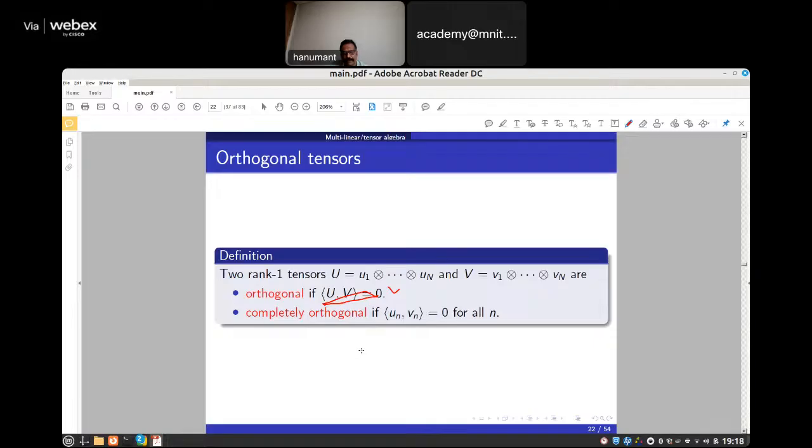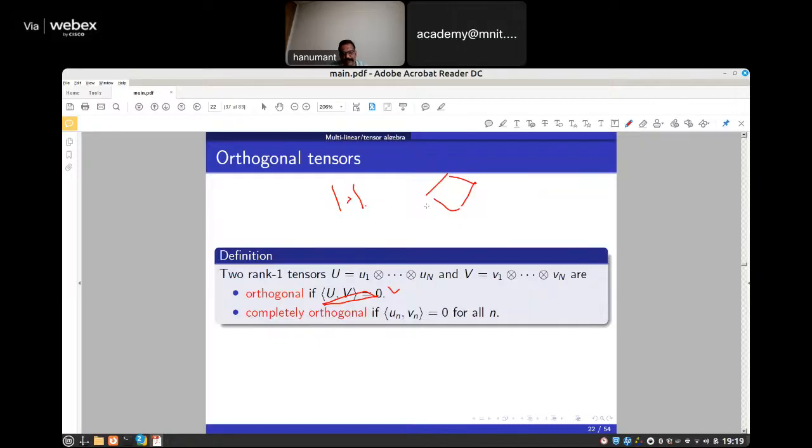But in some special cases, it is not only one vector and another vector getting an inner product. In the tensor case, it is dimension-wise, so there is some issue. Each dimension has a representative vector. If one dimension is orthogonal to another dimension, it leads to another type of orthogonality.